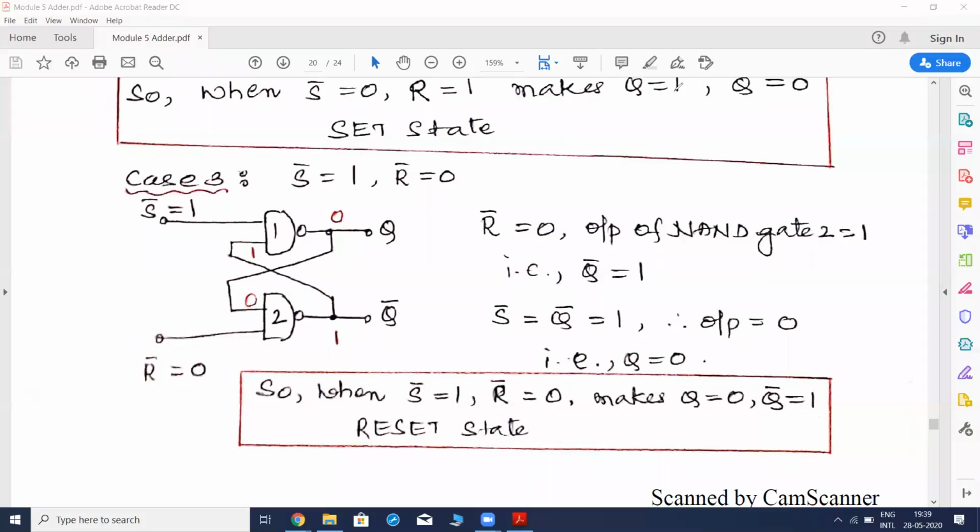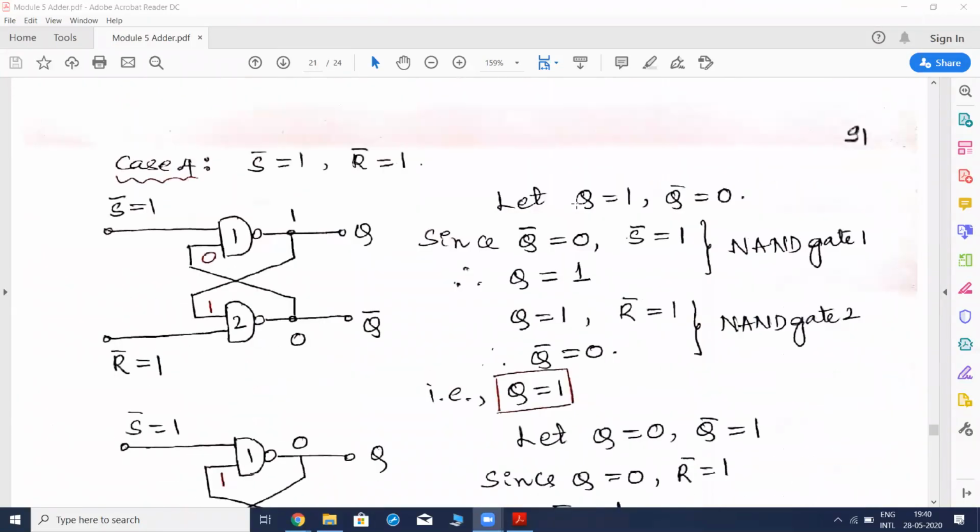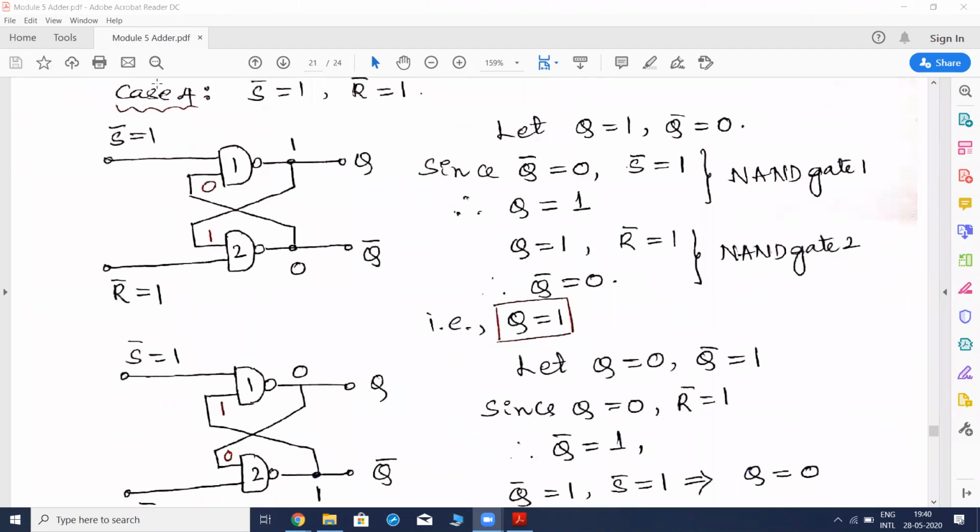Now let us move on to see the last one. Here is the last case. In this case, S bar is equal to 1 and R bar is equal to 1. So now, in order to start our analysis, we need to start from 0, is it not? Because of this, we have to assume a few things over here, because when S bar and R bar are both equal to 1, the state we get is the no change state.